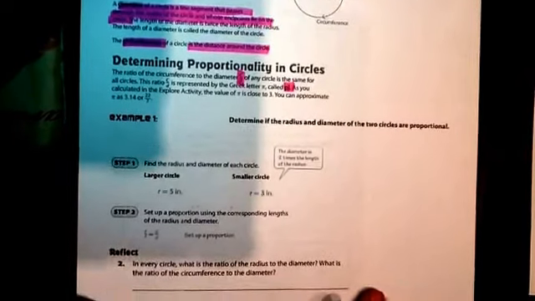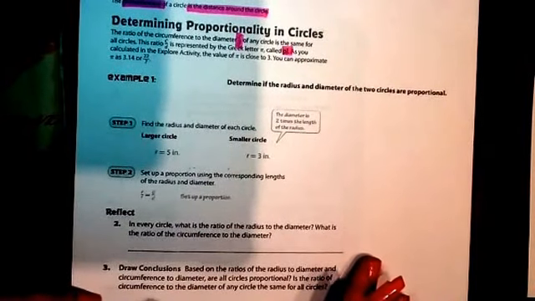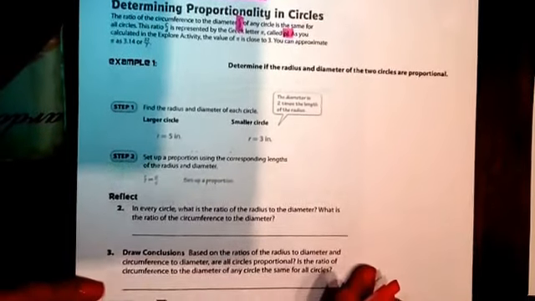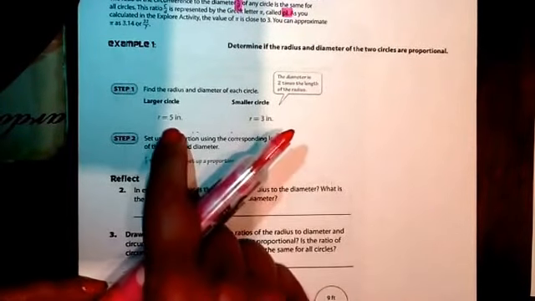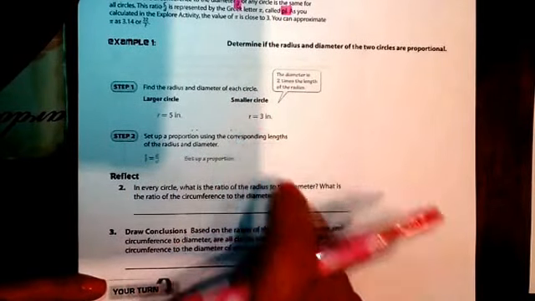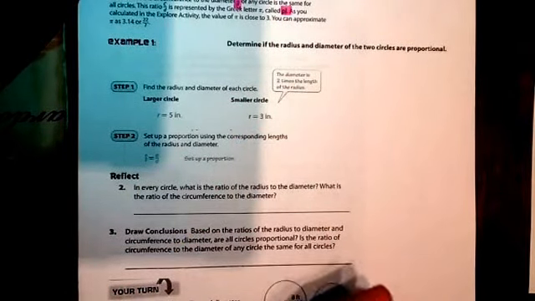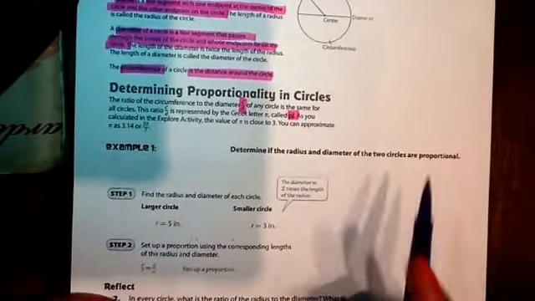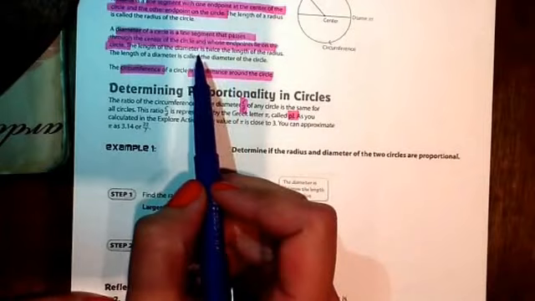In example 1, we're going to determine if the radius and the diameter of the two circles are proportional. So in example 1, it tells us the radius of a larger circle and the radius of a smaller circle, and we are going to see if they are proportional. Well, in the information they gave you above, remember it tells you that the diameter is twice the length of the radius.